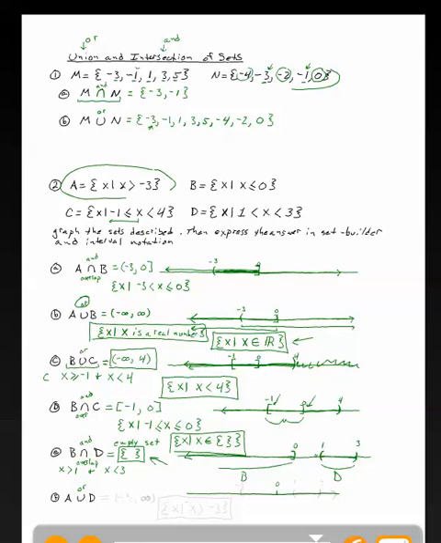So here's my 0, here's my -3, and A is strictly greater. So we draw our arrow to the right, and we use a parenthesis. For D, we know that it's between 1 and 3. So here's 1, here's 3, and it's between them.